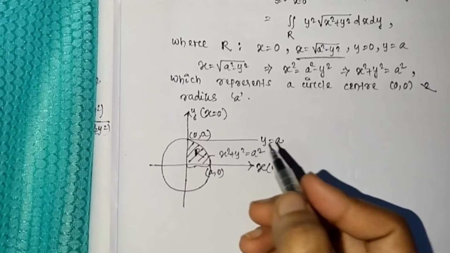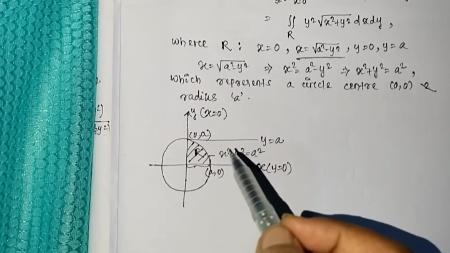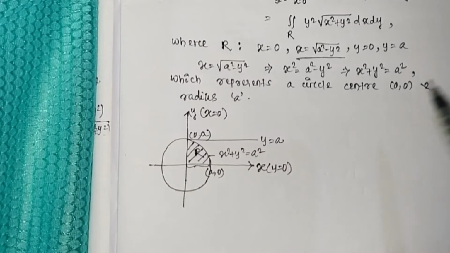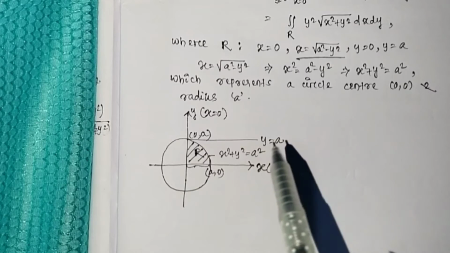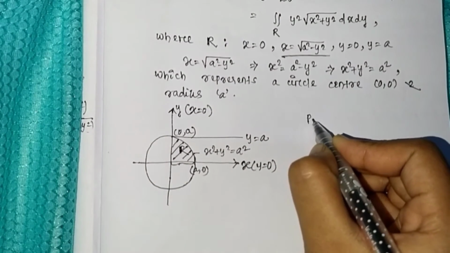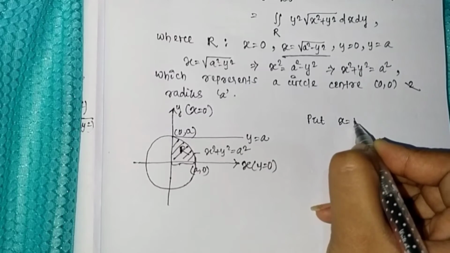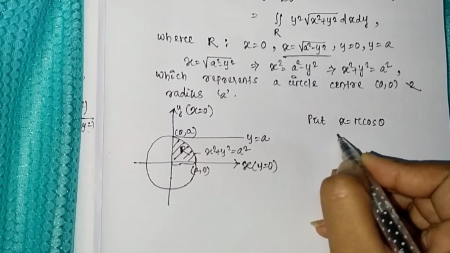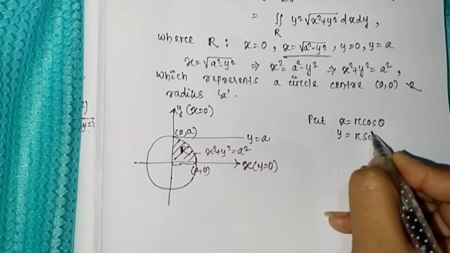Then here the question is, by changing the variable into polar coordinates we can solve. So first we put x equal to r cos theta and y equal to r sin theta.